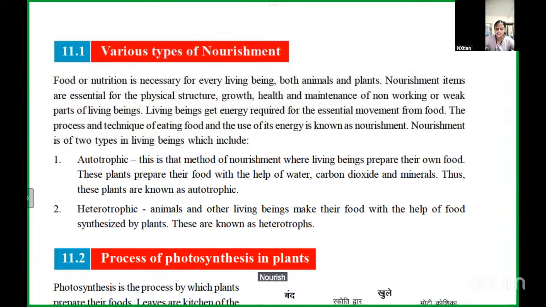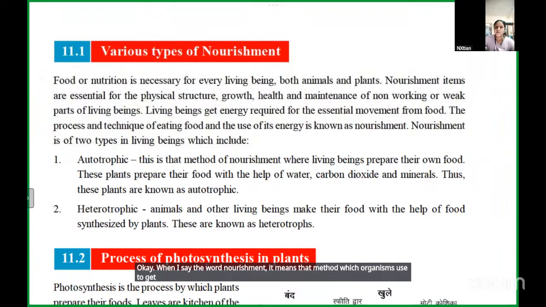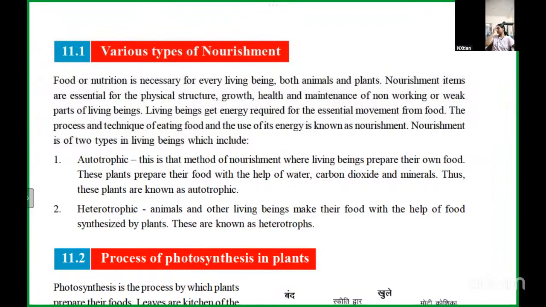Now, nourishment. When I say the word nourishment, it means the method through which organisms obtain nutrition.